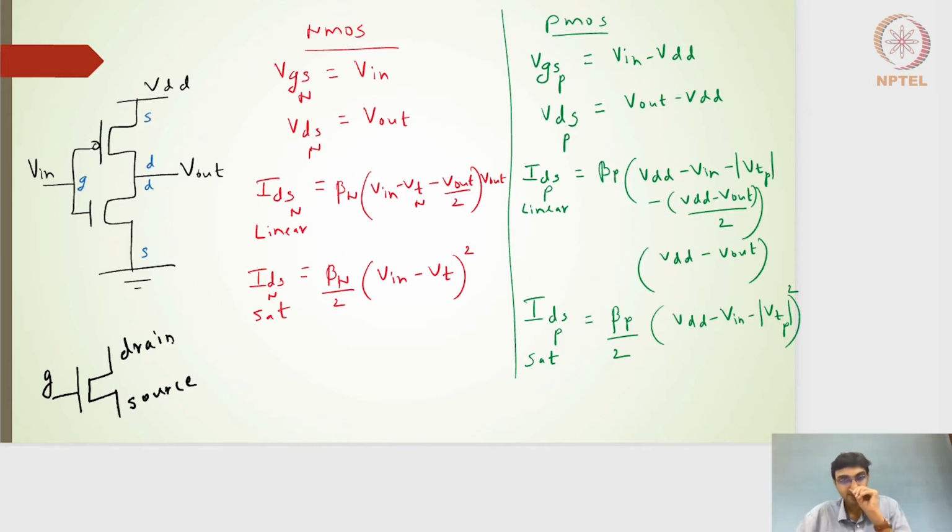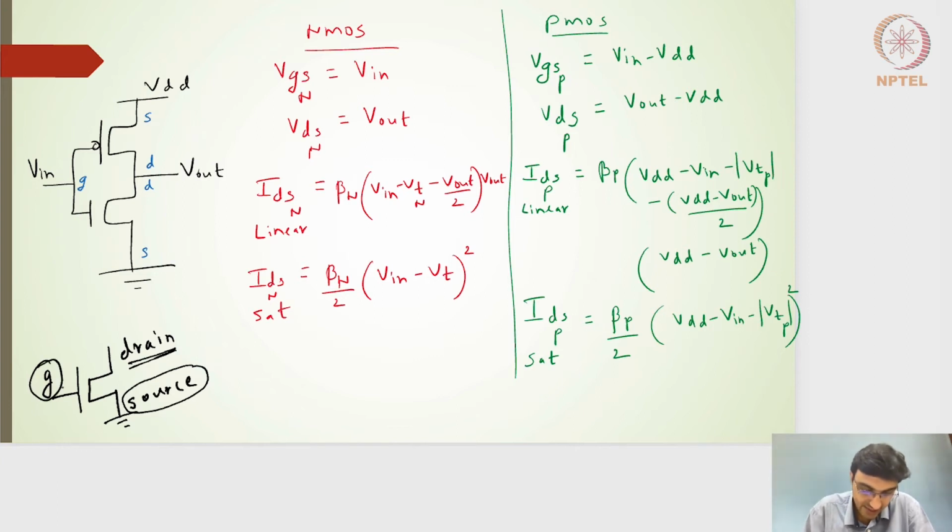For an NMOS transistor, we know that the drain has a higher potential than the source. So the source should have a lower potential than the drain. If I have a power supply of VDD and ground, I might as well connect the source to the ground potential. The gate is an input voltage, so I'll connect this to the input voltage.